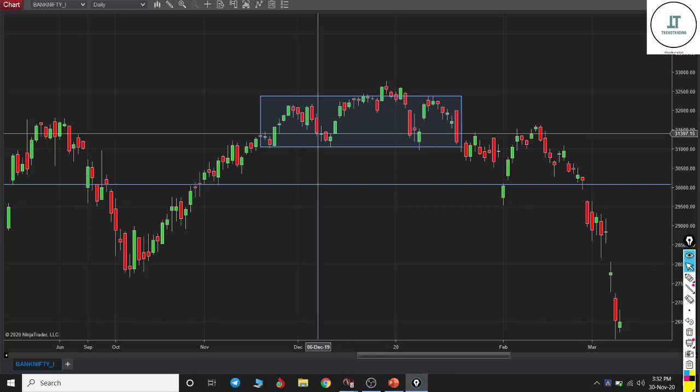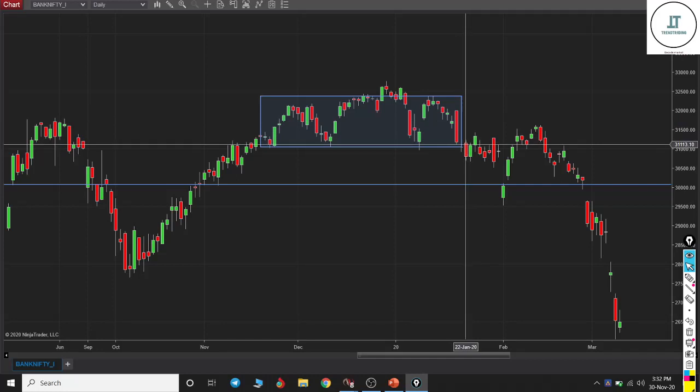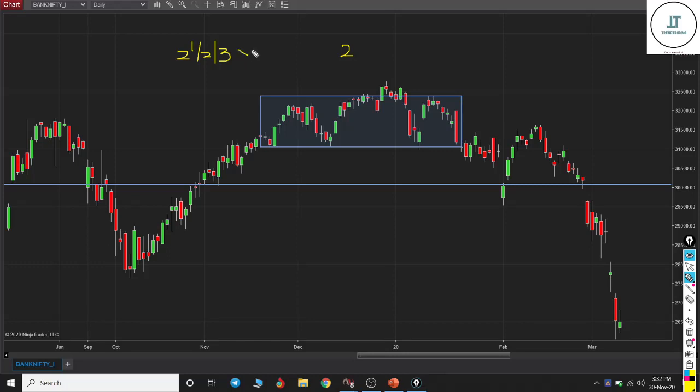That is from 20th of November till the breakout point, that is 22nd of January. Now you can ask me, this is just 2 months. What is our rule? 2.5 to 3 months. Still, our rule is not satisfied.